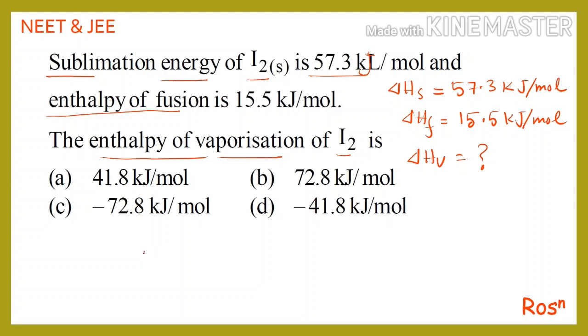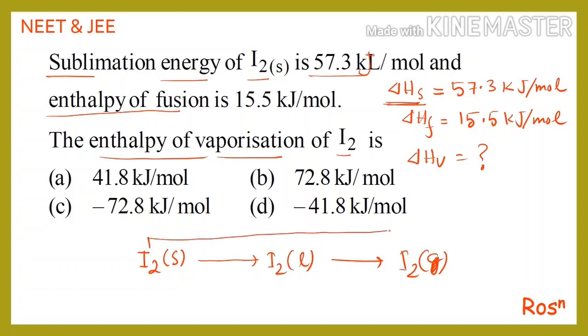Now you write the equation: I2 solid to I2 liquid to I2 gaseous. Okay. Now the enthalpy of sublimation energy. Sublimation means iodine solid to gaseous, that is equal to 57.3 kilojoule per mole.